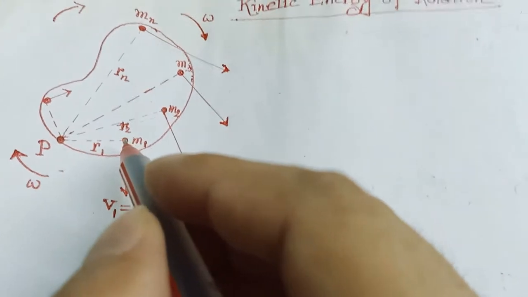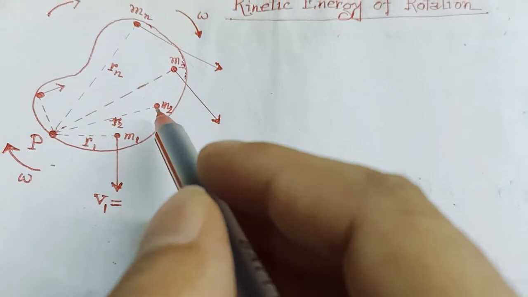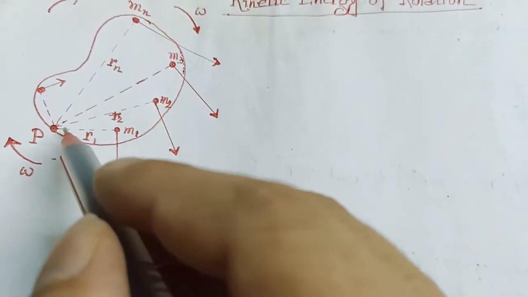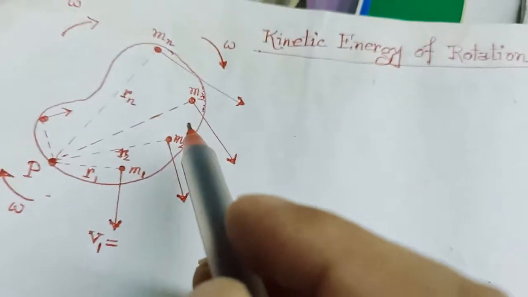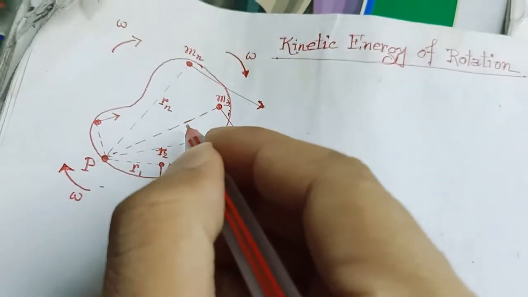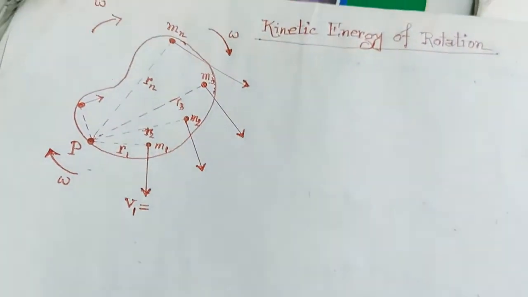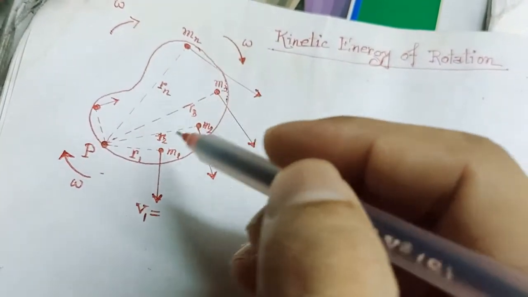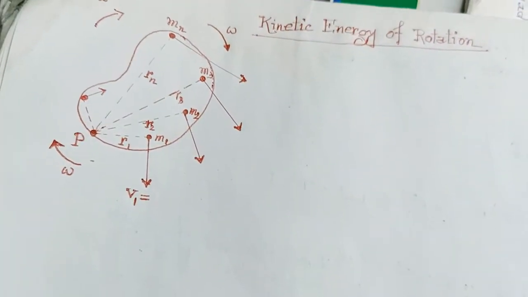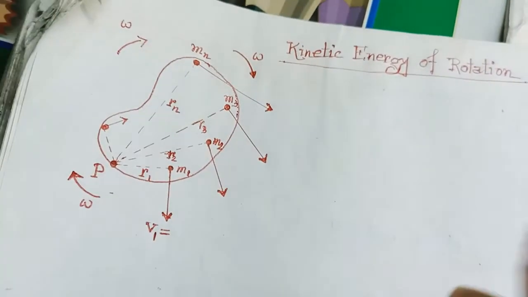There is a particle of mass m1 at a distance r1 from point P, a particle of mass m2 at a distance r2 from point P, a particle of mass m3 at a distance r3 from the fixed point P, and again a particle of mass mn at a distance rn from the point P. The rigid body is rotating with a fixed angular velocity omega.